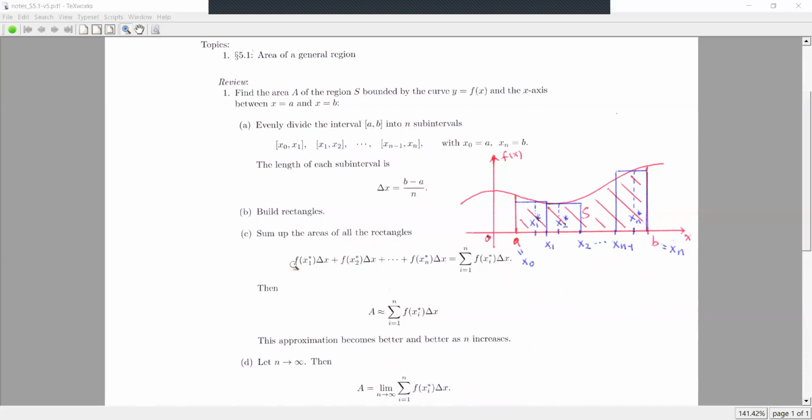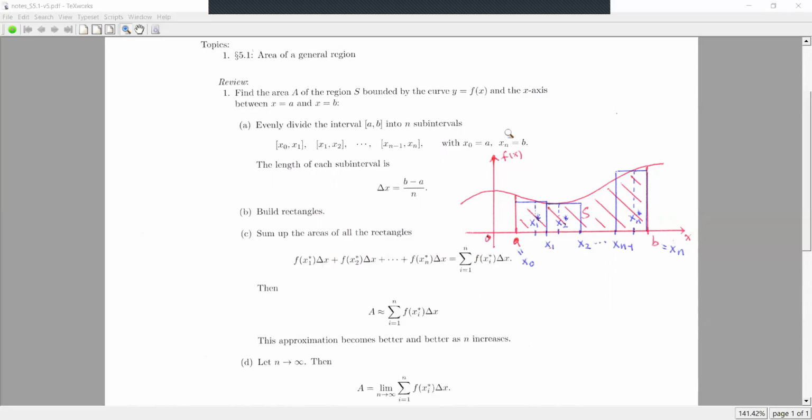So this number is the area of the first rectangle. Area of the second rectangle is base times height. Base, again, delta x, height, function value at x2 star. So compute the area of each rectangle, then make a sum of the areas.